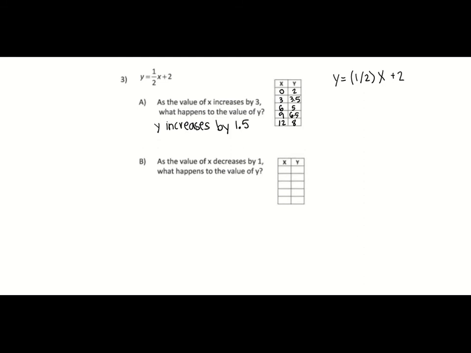For the last question: as the value of x decreases by 1, what happens to the value of y? Let's start here at 5, 4, 3, 2, 1. We'll decrease our x's by 1. Let's plug those in and see what we get.